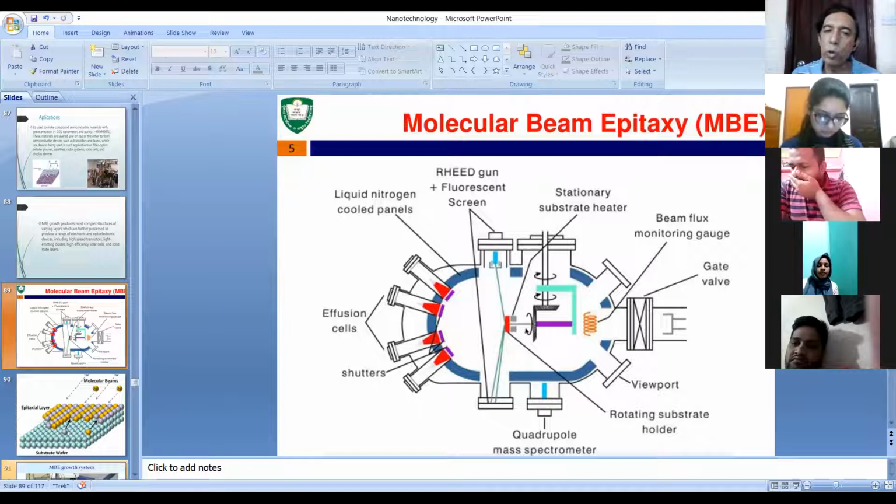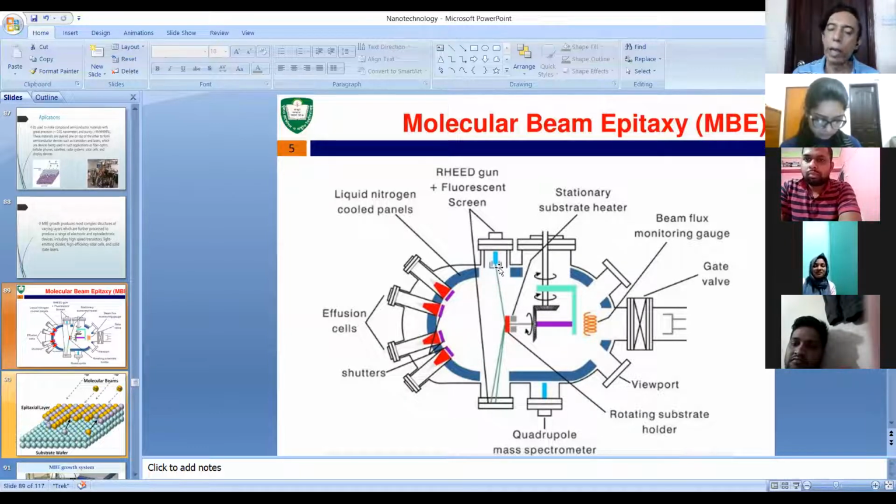Then you close the orifice here. The gate of this effusion cell is known as the orifice. So from this RHEED gun, you can control the beam of these substances by the indication of this RHEED gun.